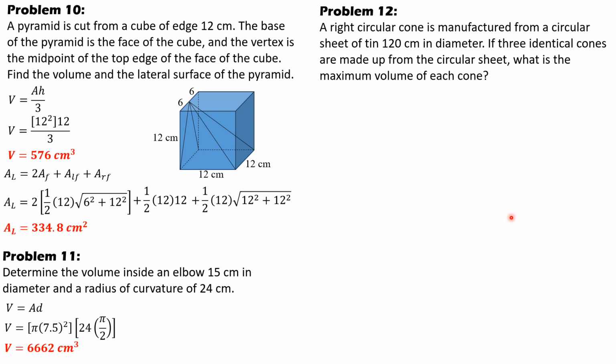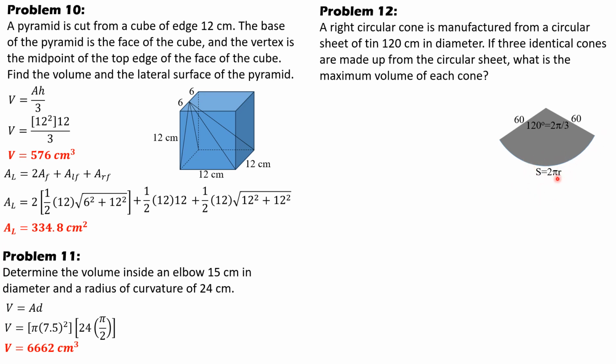And the radius of the circular sheet becomes the lateral or slant height of the cone, which is 60 cm as shown. So this is the angle of the sector, which becomes the lateral area of the cone, and this arc here becomes the circumference of the base of the cone.